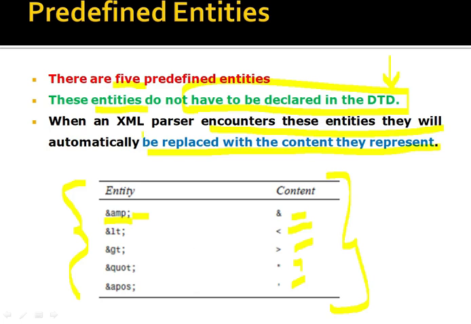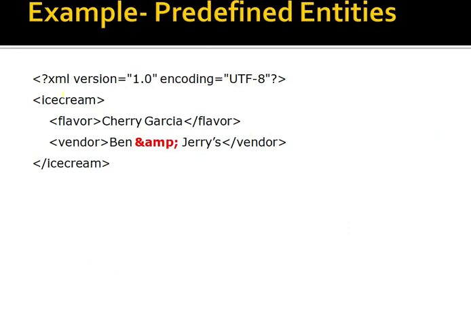And if you look at the example here, as I told you, predefined entities need not be declared in the DTD declaration part. They can be used directly in the XML file. So here I have flavor and vendor. Look at this vendor, and what is this? The ampersand entity.